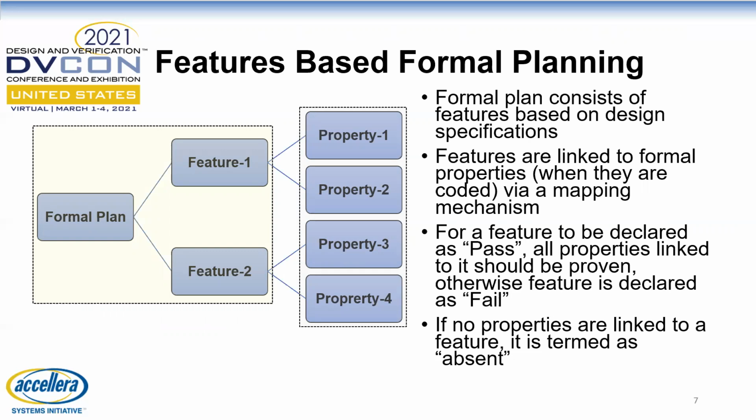Otherwise, if even one of the properties linked to a particular feature is failing, we term it as fail. In case no properties are found associated for a particular feature, it is termed as absent. So this is just to give you a brief idea of how we handle the planning aspect in formal. We will talk more about formal features when we discuss the formal metric section.